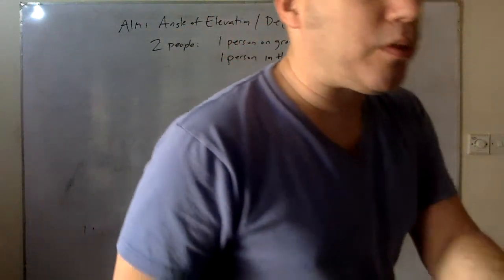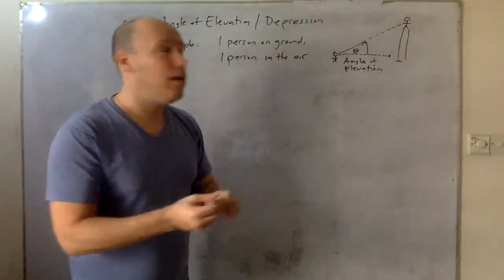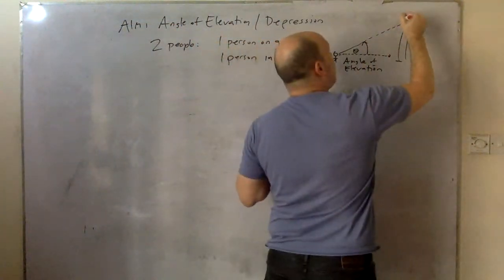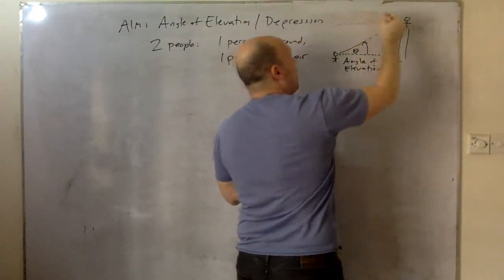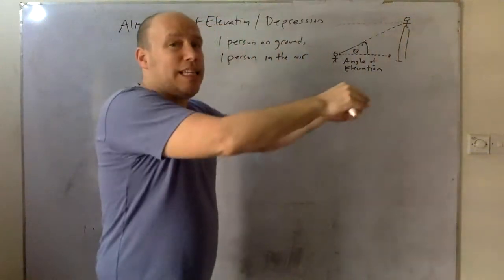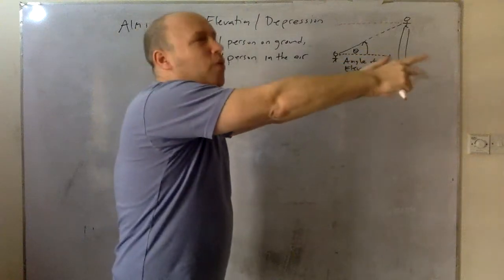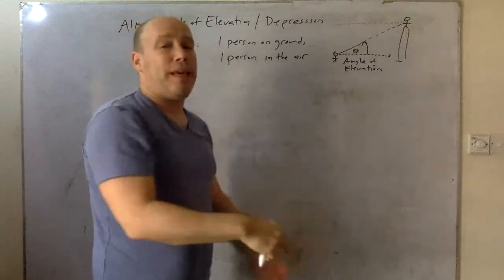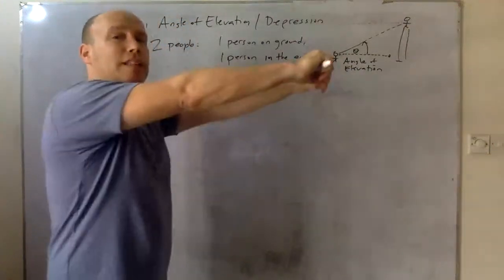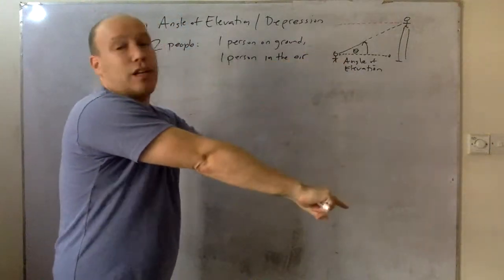Now let's take it from the perspective of someone who's up in the air. The person up in the air is looking forward. And then all of a sudden the guard sees a prisoner or someone approaching the tower, or maybe a pilot is flying a plane and suddenly identifies the landing strip.